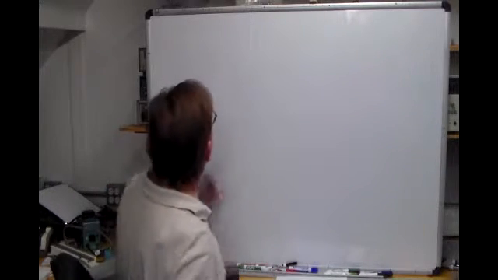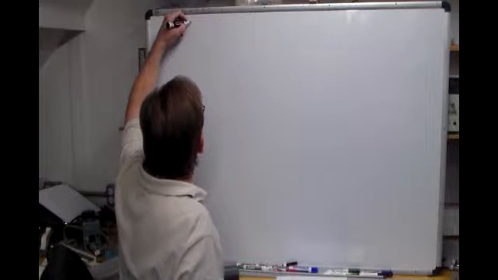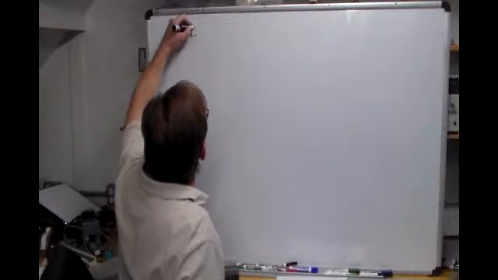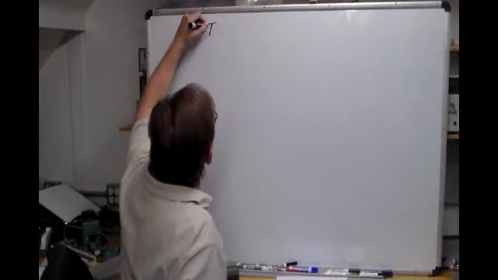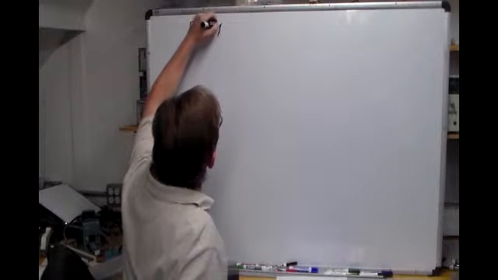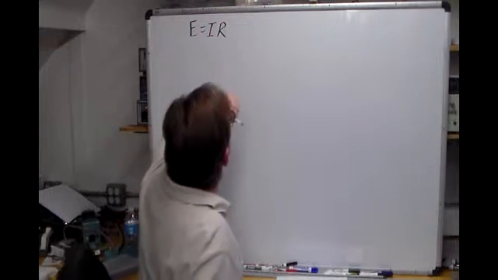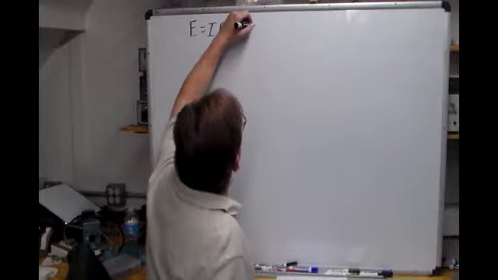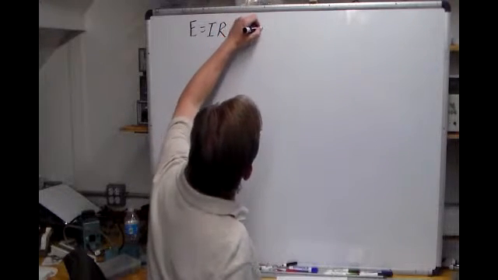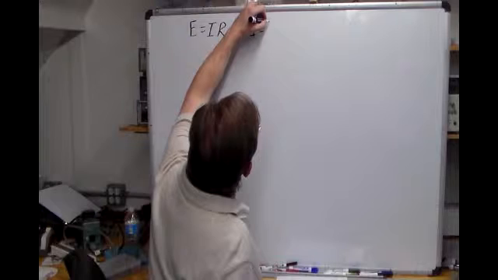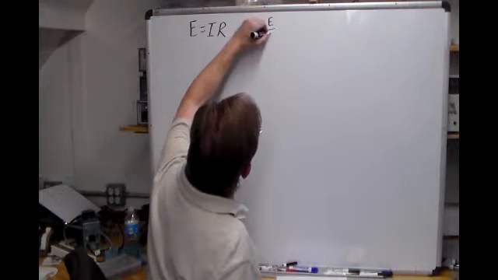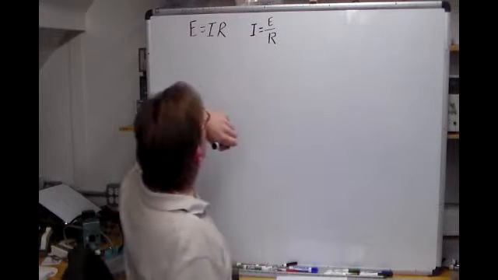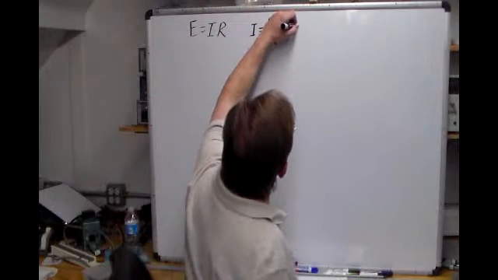First off, I'm going to review Ohm's law, where the voltage equals the current times the resistance, and the current in the circuit equals the voltage over the resistance, and the resistance.